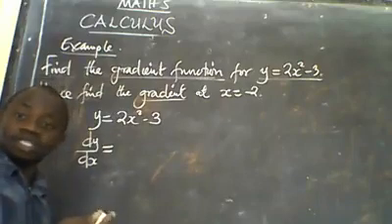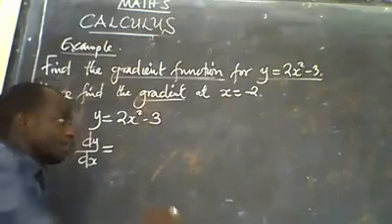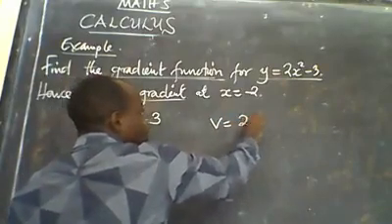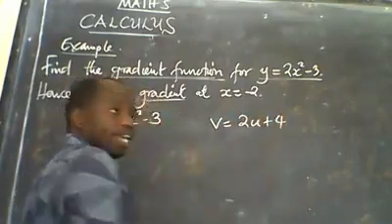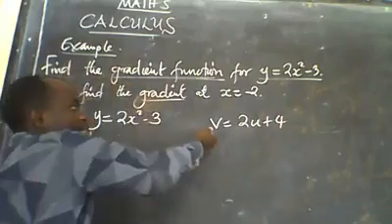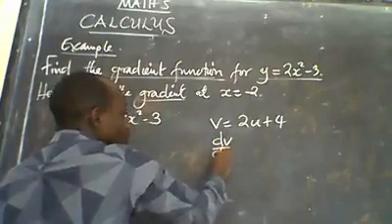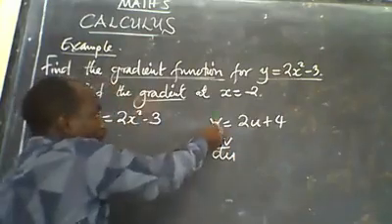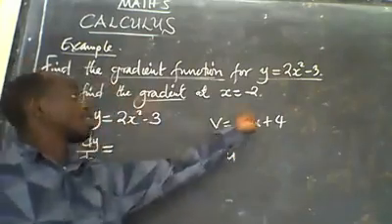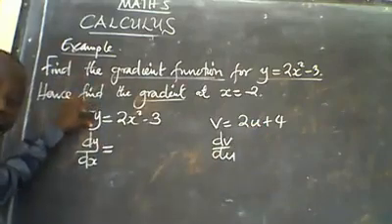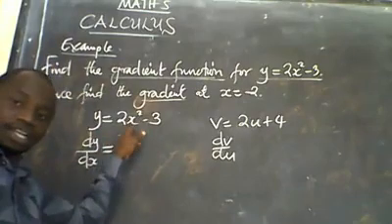They can use any other variables. If it is in v, like v is equal to 2u plus 4, here you are not going to write dy dx. In this case, it will be dv du, because you are differentiating v with respect to u. Here we are differentiating y with respect to x.